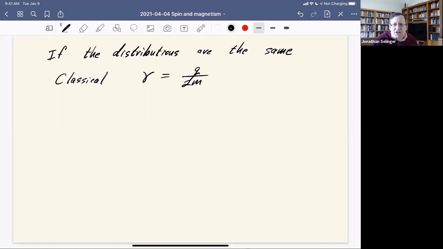Now, let's apply all these considerations to an electron in quantum mechanics. An electron also has spin angular momentum. It also has a magnetic dipole moment. So there will be some ratio between those two things, a gyromagnetic ratio.